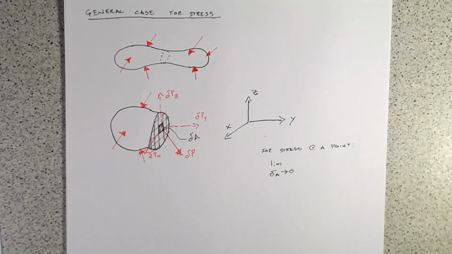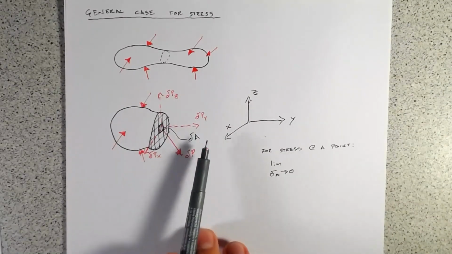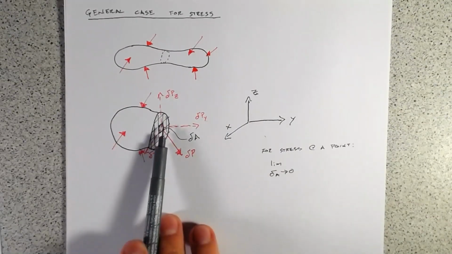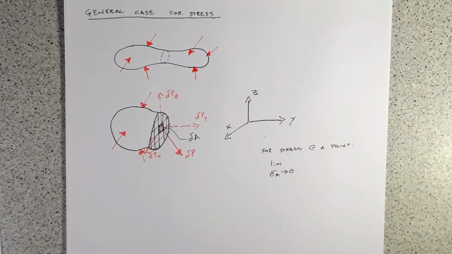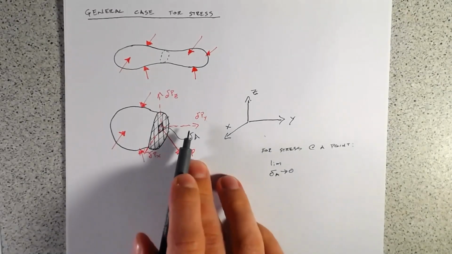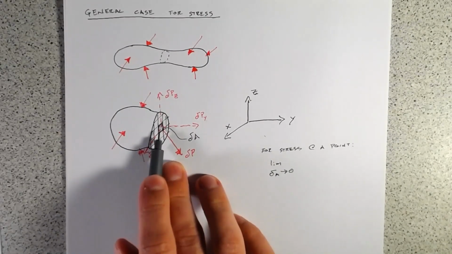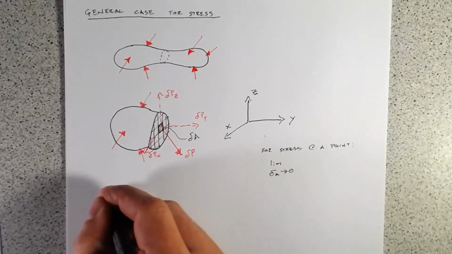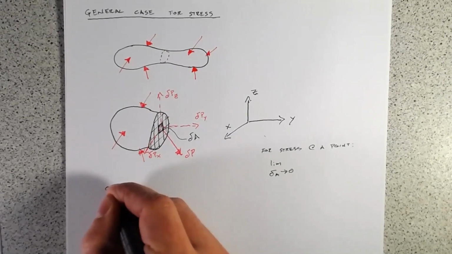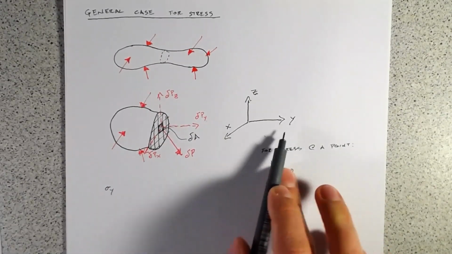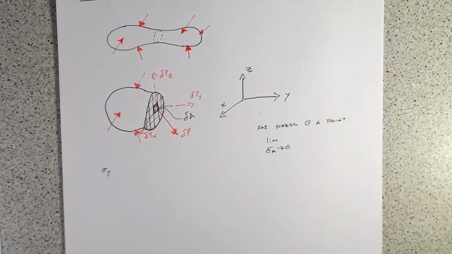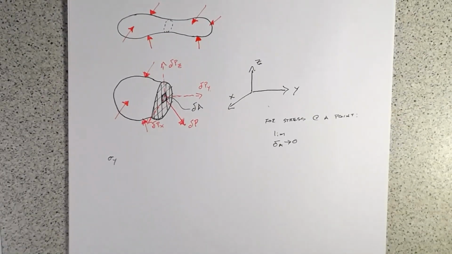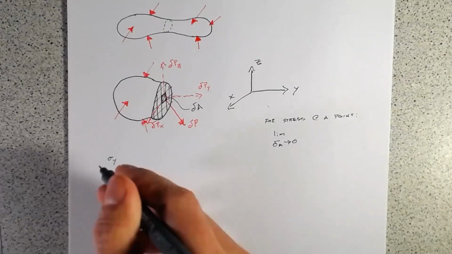So like I said, each of these components, if we've taken this cross-section in the XZ plane, well, they really just fall out as normal and shear stresses. So for our normal stress, it's going to be the stress in the y direction. So it's a normal stress, so we give it the variable sigma.